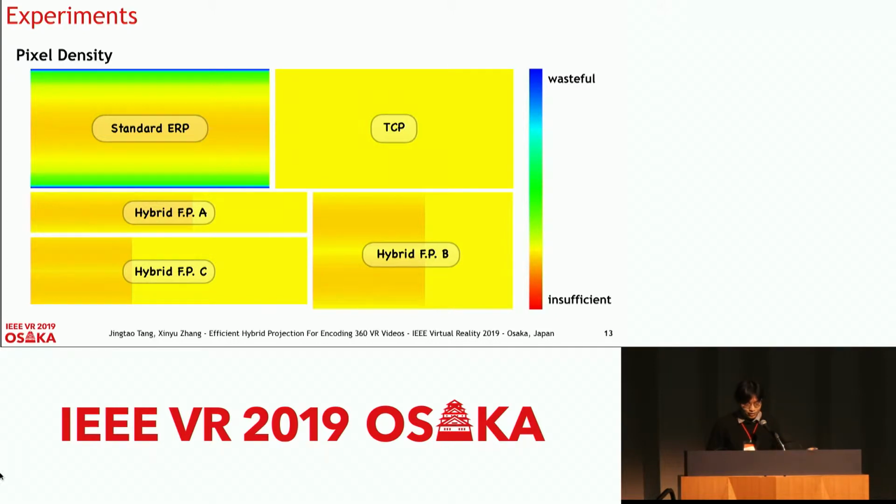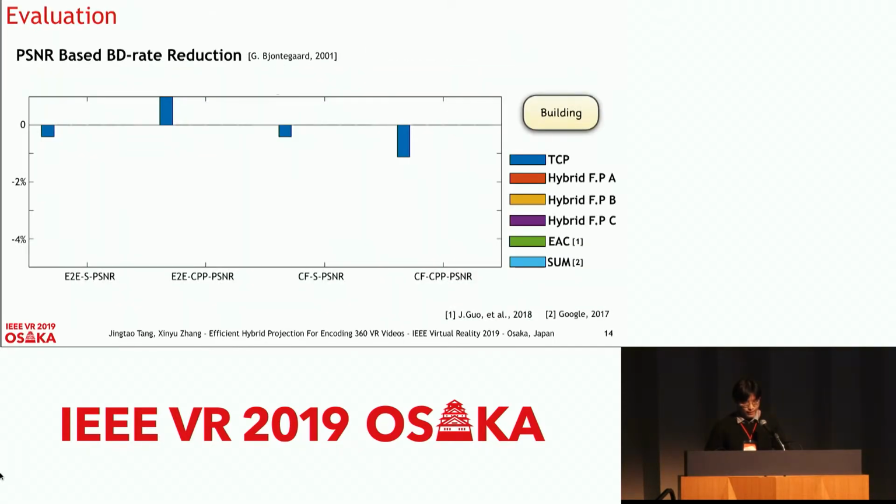And last, here we use area stretching ratio to encode a color saturation bar to better present the pixel density of the projection geometry. So we can see that by storing the polar area of ERP with transverse cylindrical equal area, the pixel density of hybrid projection is kept balanced.